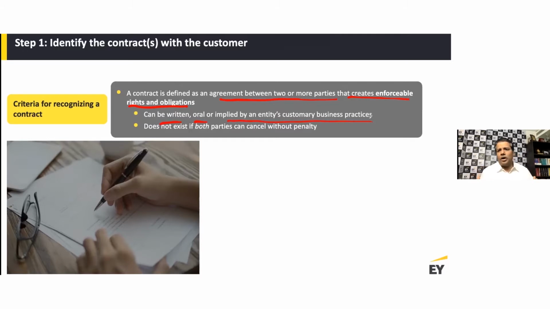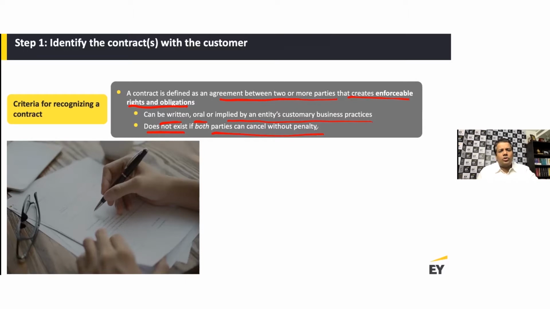If you make a promise, that also, depending upon your customary business practice, can create a contract. But a contract does not exist if both parties can cancel without penalty. What we're trying to say is that there is no contract if either party, or both parties, can exit the contract without any repercussions.